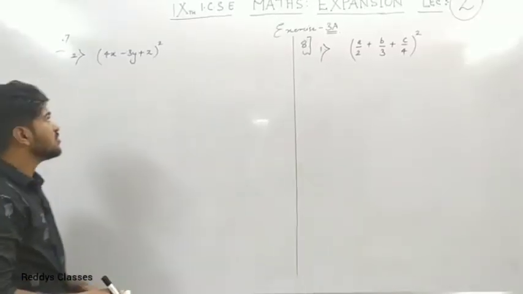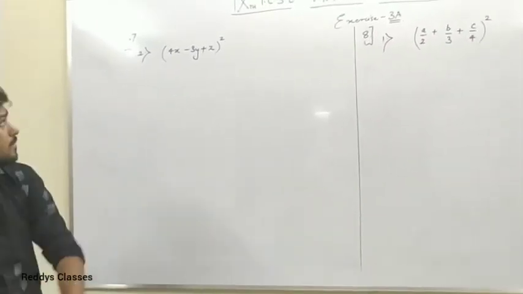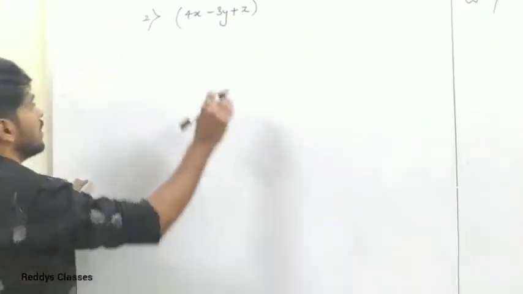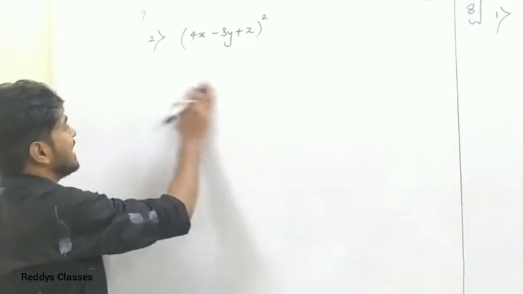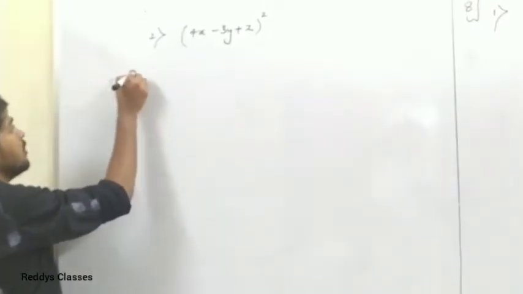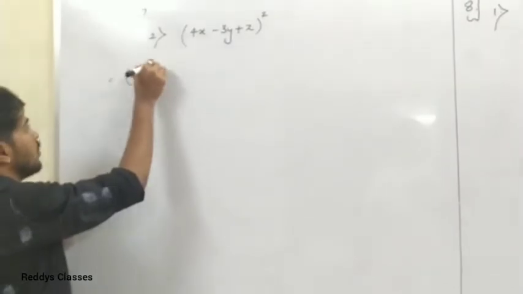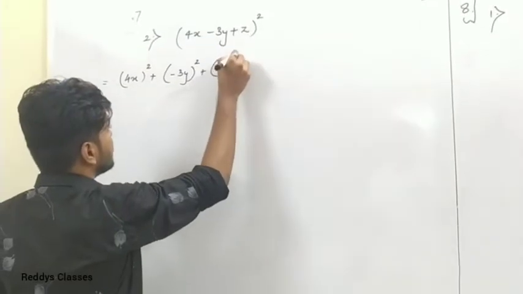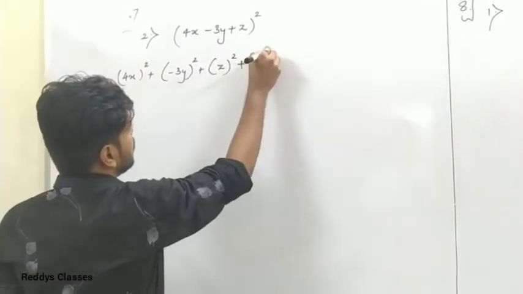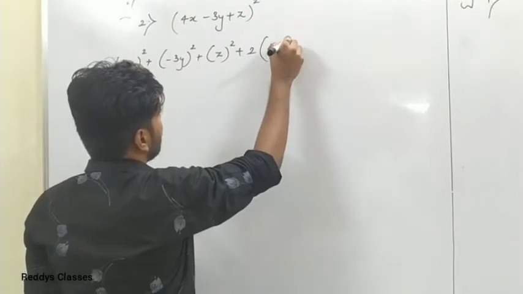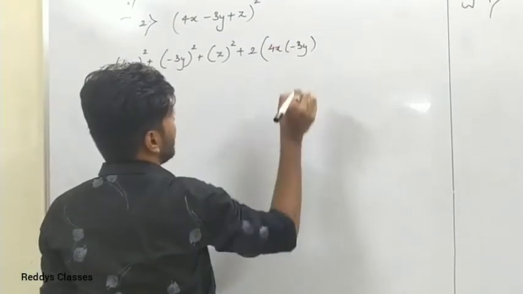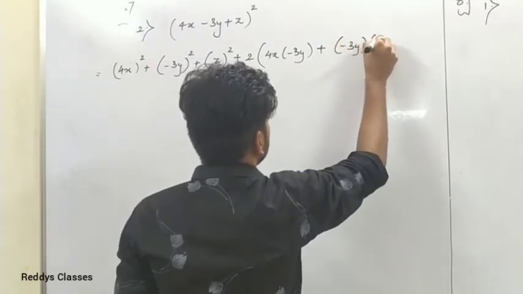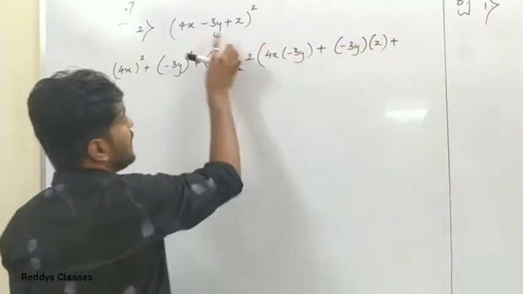So here we have the next question. Here we have 4x minus 3y plus z. Question number 7, second question is here. See now what we are going to solve. A, b, c I am using directly. So I have the formula. As per the formula, a square plus b square plus c square plus 2 bracket ab, a into b, plus bc, ab plus bc.